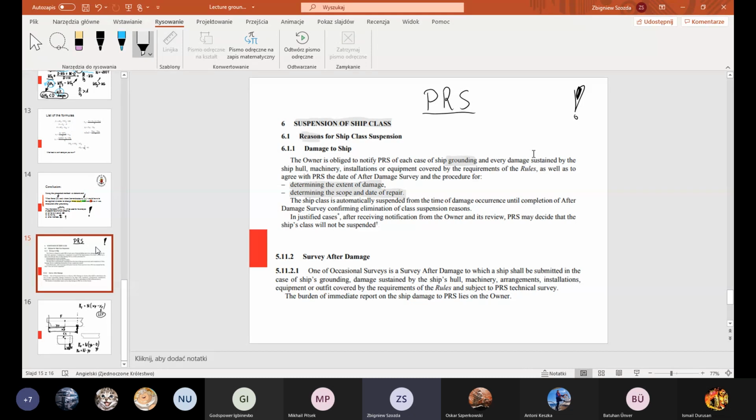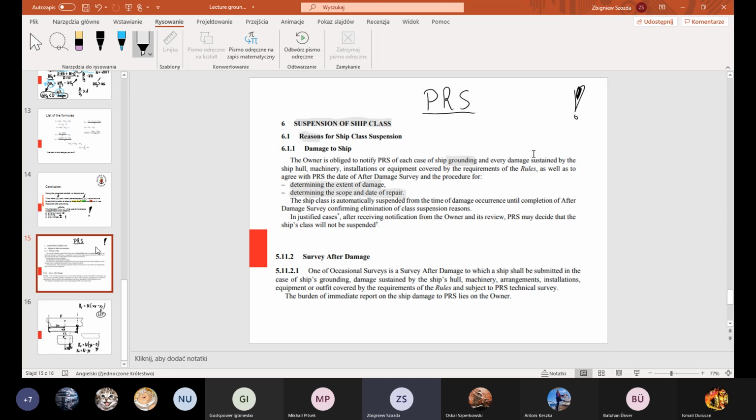Sometimes they survey the hull using remote underwater vehicles equipped with camera, just to see what happened to the underwater part of the hull, to check whether construction is not bent, for example, like frames or plates, bottom plates, outer bottom plates. What about welding? Is there any damage to welding and so on?